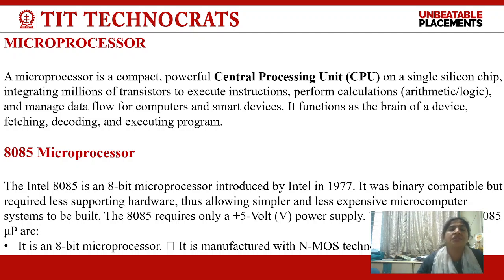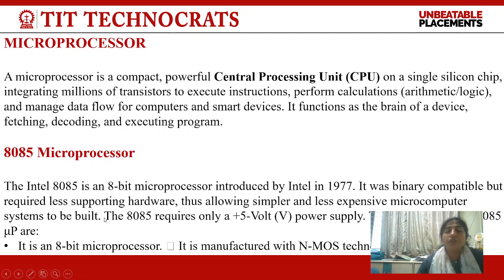By definition, we can say a microprocessor is a compact, powerful central processing unit on a single silicon chip, integrating millions of transistors to execute instructions, perform calculations like arithmetic and logical, and manage data flow from computer or smart devices. It functions as the brain of the device, fetching, decoding, and executing the program.